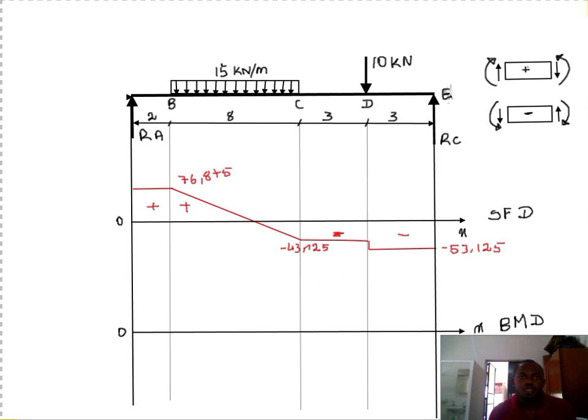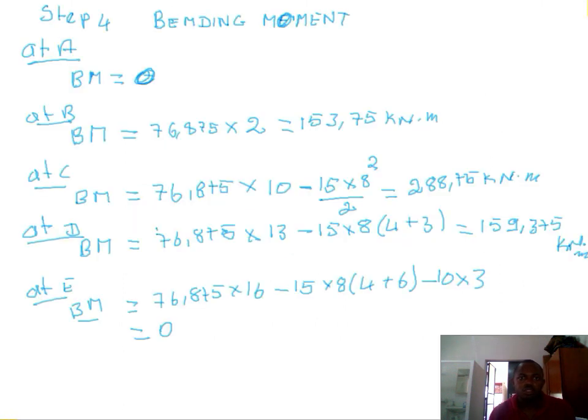Let's draw now the bending moment. Let's draw a bending moment diagram based on our calculated values. At A it is 0, but at B it is 153.